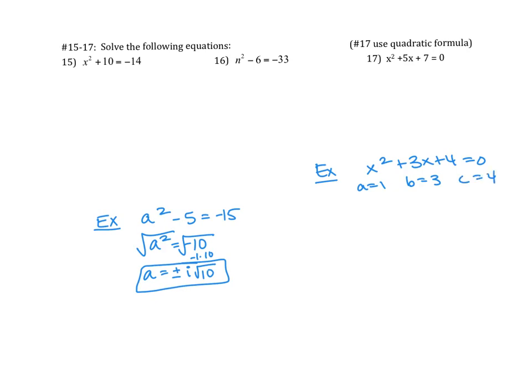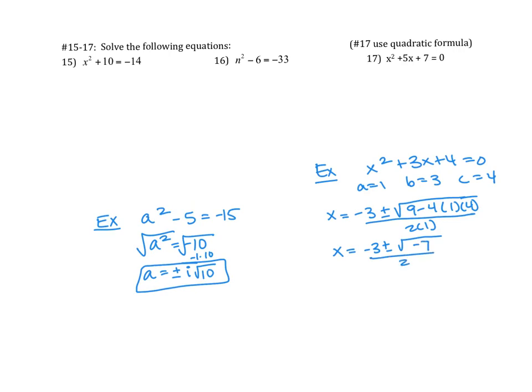When I set up my quadratic formula, x equals negative b plus or minus the square root of b squared minus 4 times a times c, all over 2 times a. So this gives me x equals negative 3 plus or minus, inside here I have 9 minus 16, which is negative 7, all over 2.